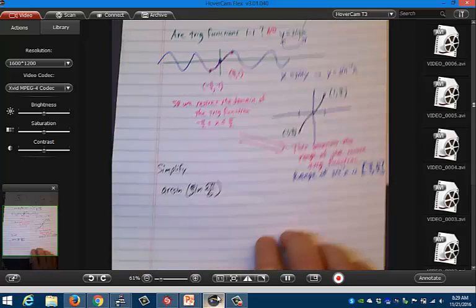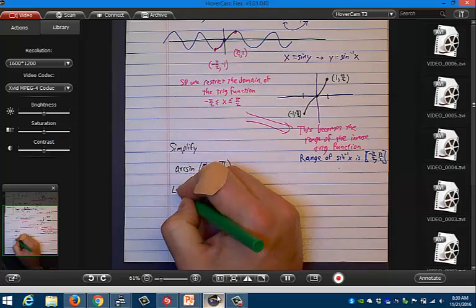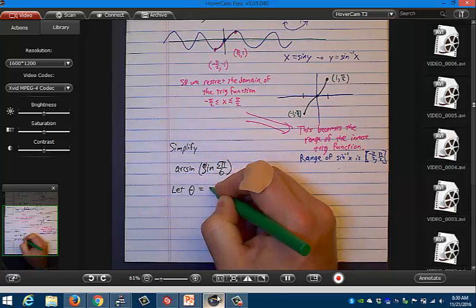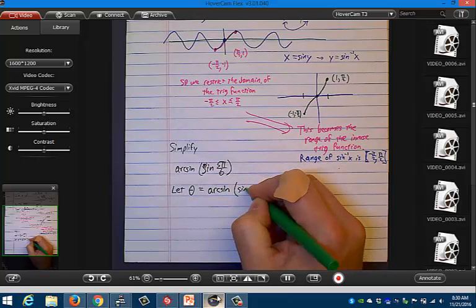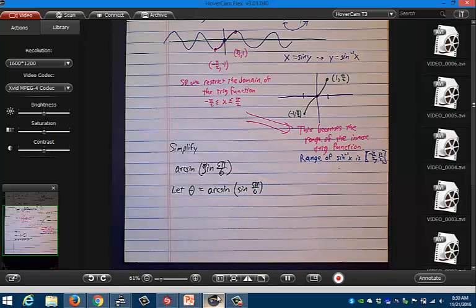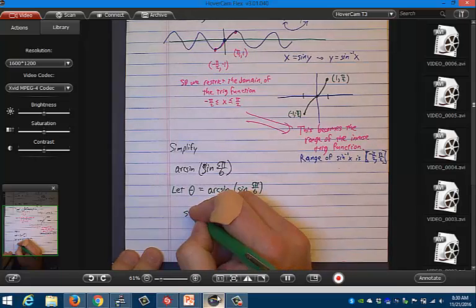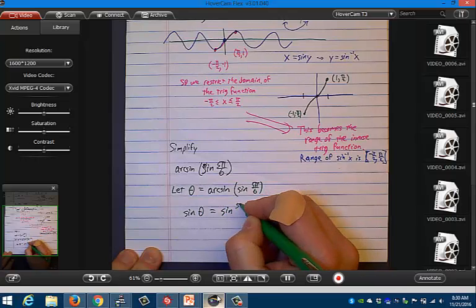And if I understand that, what I'll do for a problem like this is I'm going to say, and this strategy helps throughout calculus, let theta equal the arc sine of the sine of 5 pi over 6. Theta is going to be the arc sine. And as soon as I write that, I can automatically write the next line. I can say the sine of theta is equal to the sine of 5 pi over 6.